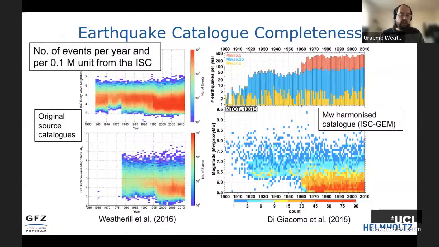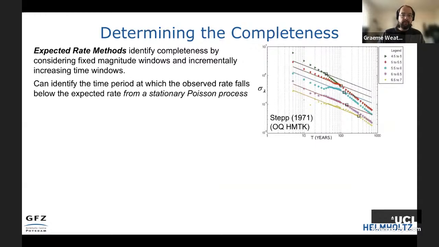And this is something that we can address at a source level, something that really should be addressed in the source catalogs that would go into your harmonized catalog. But very often we have to look at this in terms of the harmonized catalog itself. And it's important to recognize that this completeness magnitude is obviously going to change with time. Our completeness threshold is going to get higher and higher, usually, there are exceptions, as we go further back in time. And it can also vary spatially as well.